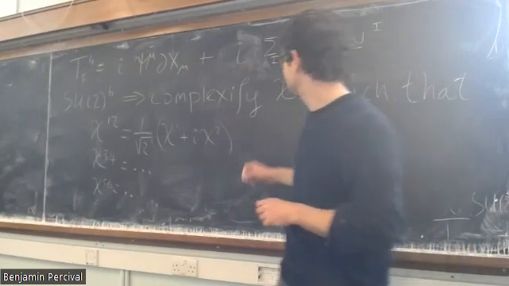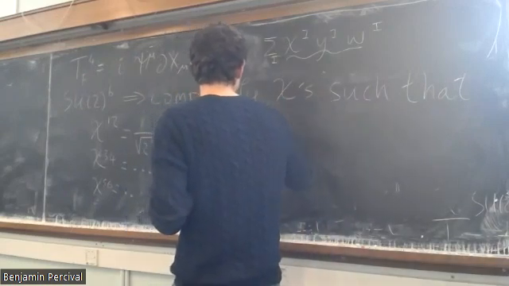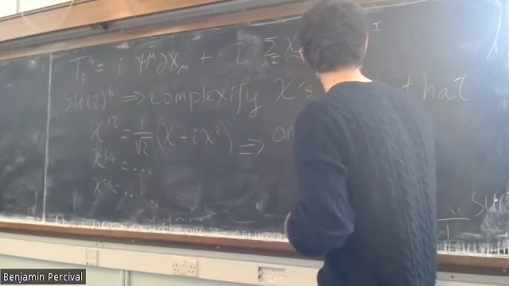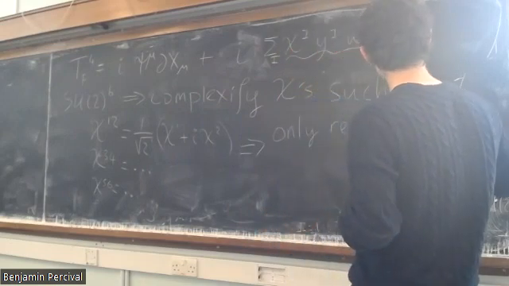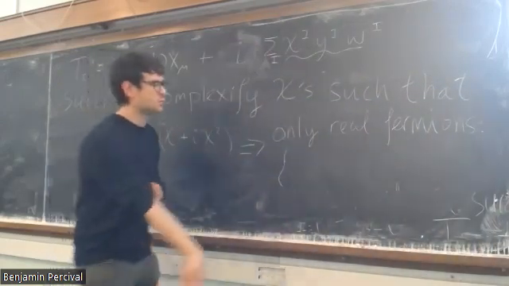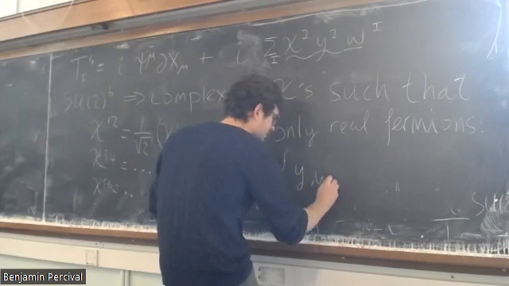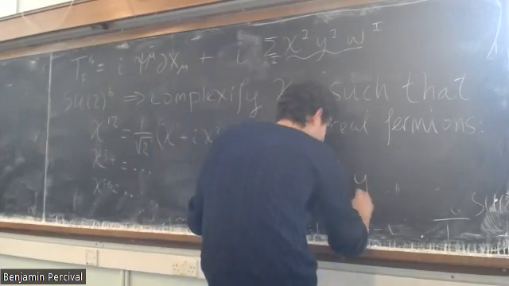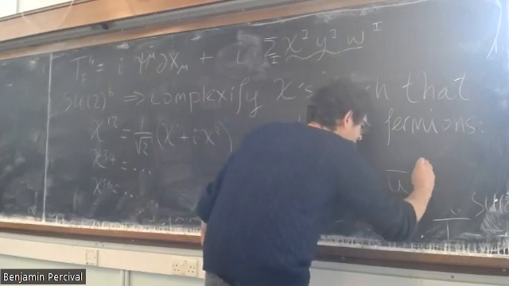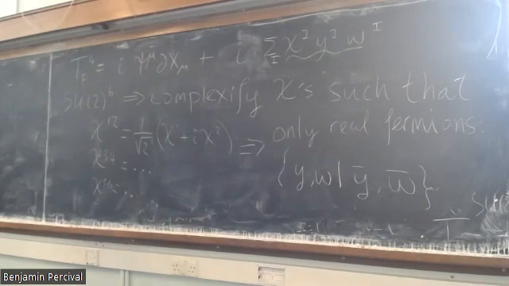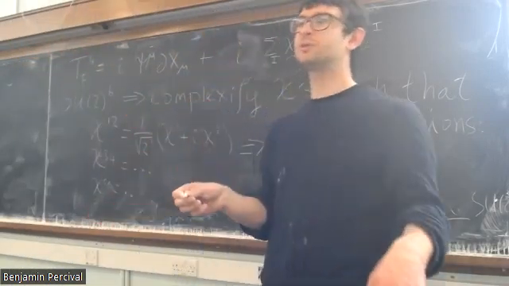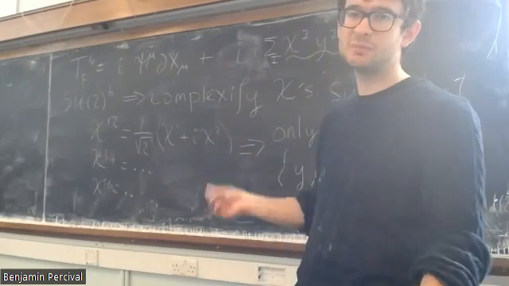So now the only real fermions are the set YW and YW bar. All the others will be complex now because psi mu is complex, and chi 1, 2, chi 3, 4, chi 5, 6 are complex.